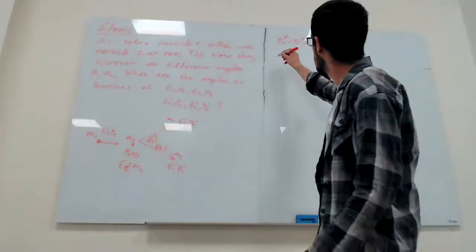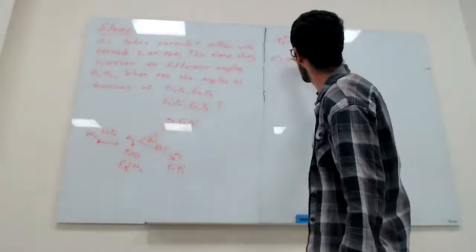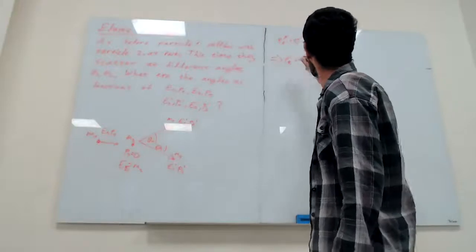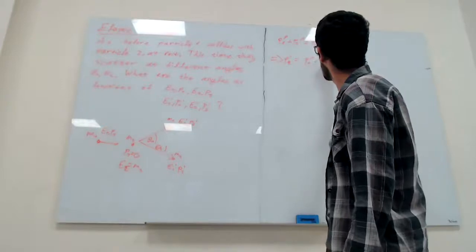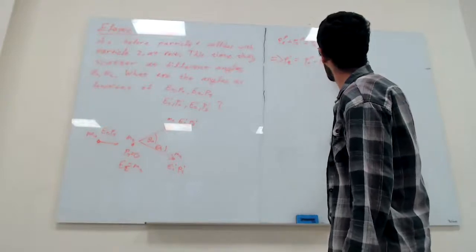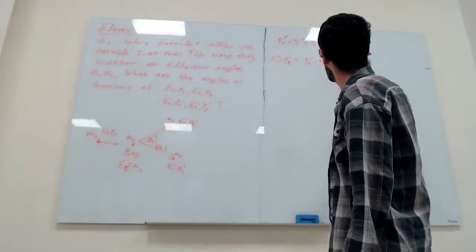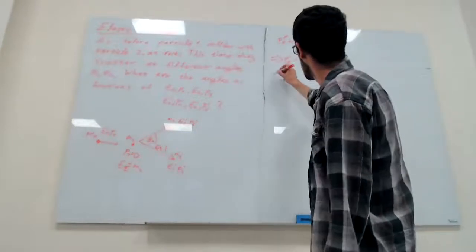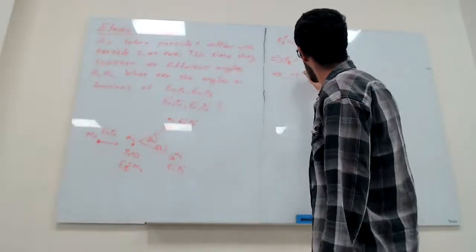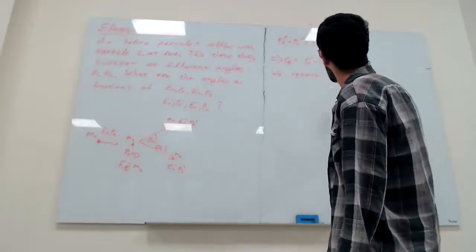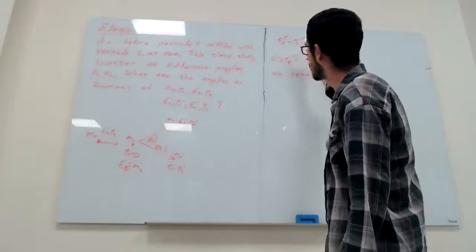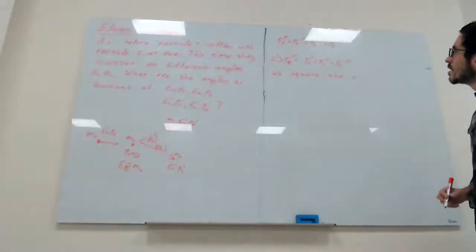So P2 tag equals P1 mu plus P2 mu minus P1 tag mu. And now we square the equation. But P2 mu is 0, no? Because it doesn't move.